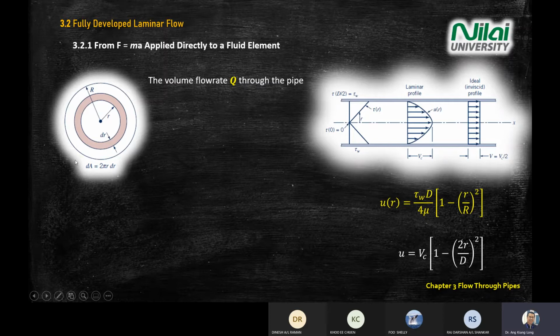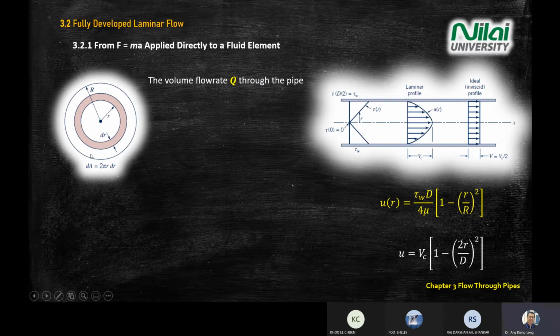If you look at the diagram on the left hand side, you have a cross section of the pipe, where you will see a circle. The dot here is the center of the pipe, and then we have a small r and capital R. Small r is the radius at that particular location. Capital R is the outer radius.